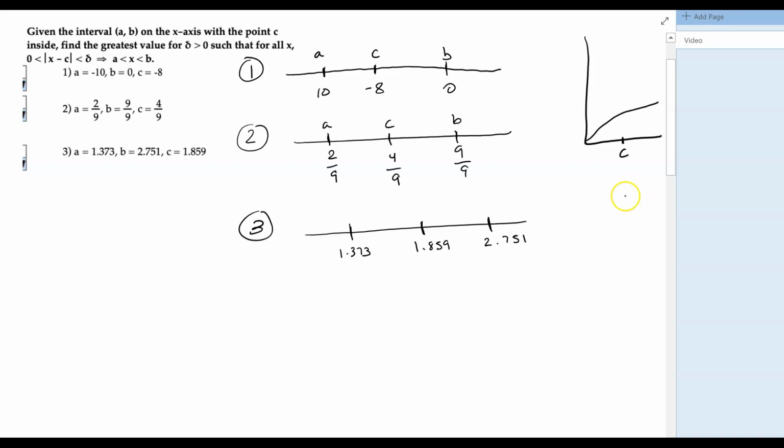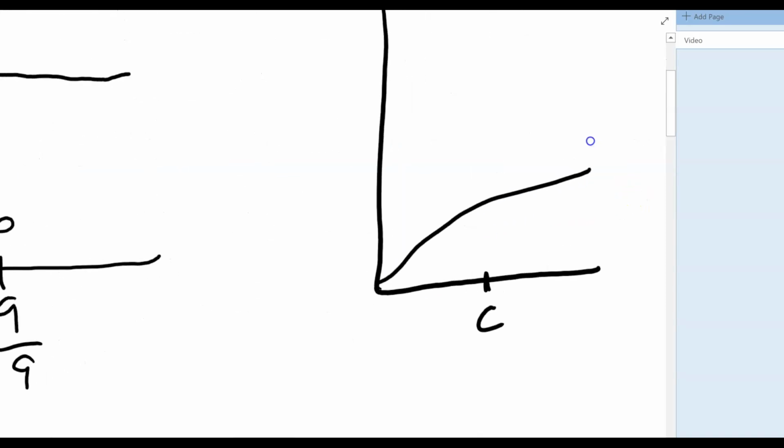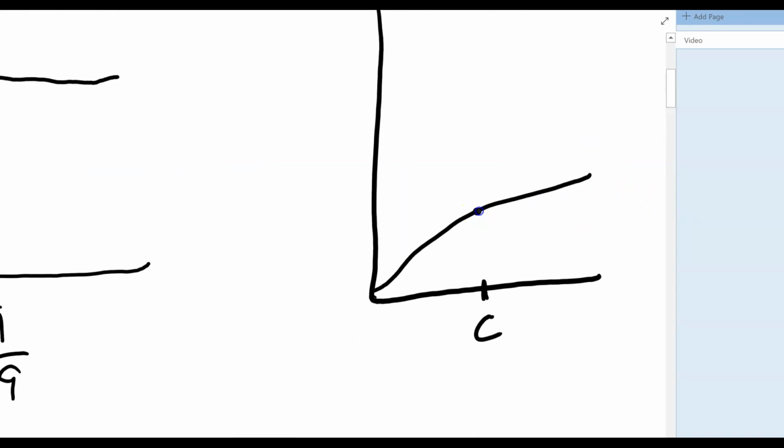And let me zoom in here so that you can see it. Let's suppose that the limit at C is some number L. Well, what I want to know is how far away from C on X. Suppose this is A, and suppose this is B. Suppose that I want to know how far away from C an X value can be to have the same limit.